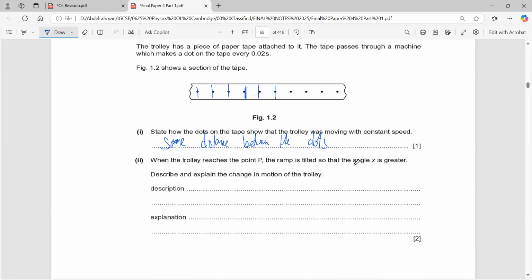Describe and explain. What will happen? ايه اللي هيحصل? Will it increase the acceleration ولا يعني ايه اللي هيحصل؟ Okay. Well, it accelerates. ماشي صح. Yes, you are correct. It does accelerate. Okay. The speed increases. Yes, the speed increases. طيب why does the speed increase؟ يعني why does it accelerate؟ ليه؟ Because there's more force.